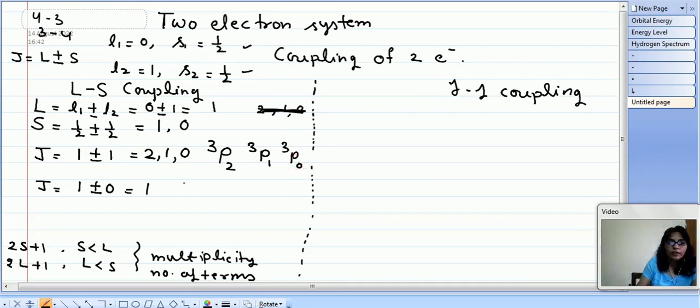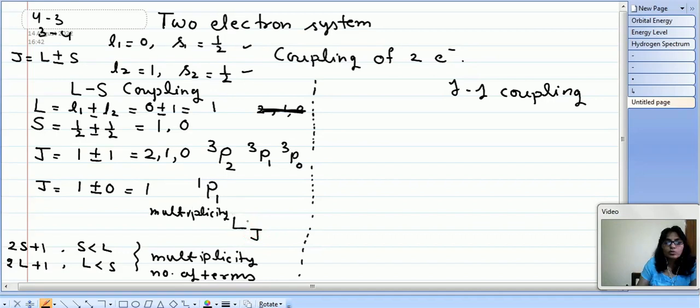And for this state it will be a singlet state. So 1, and then here L is again 1, so it will be a P state, and then J is equal to 1, so 1P1. So here I have written first the multiplicity, and then the value of capital L, then the value of capital J.